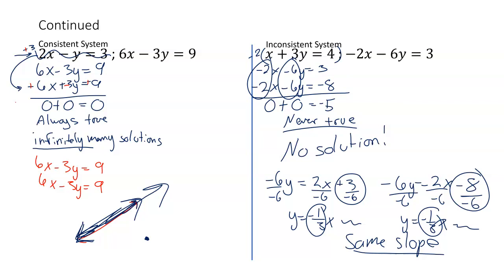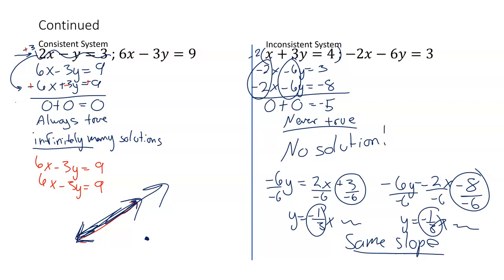So same slope means you're going to either have infinite solutions or no solutions. It all matters about the constant at that point. If the constants are the same, consistent system. If the constants are different, inconsistent system. Okay? So recognizing those patterns way earlier saves you the trouble of having to evaluate it all the way through.